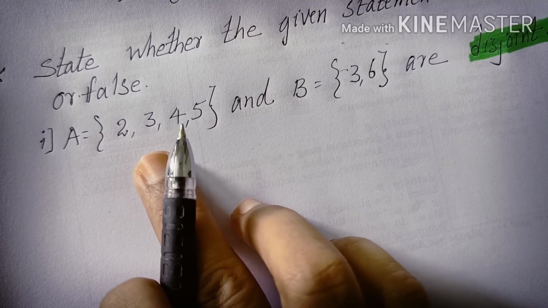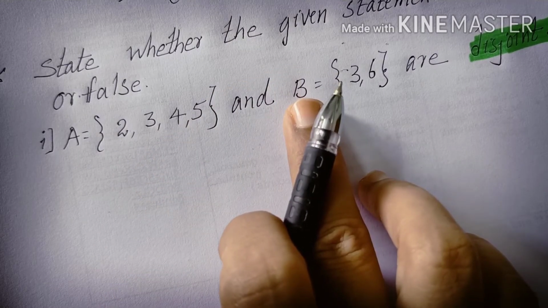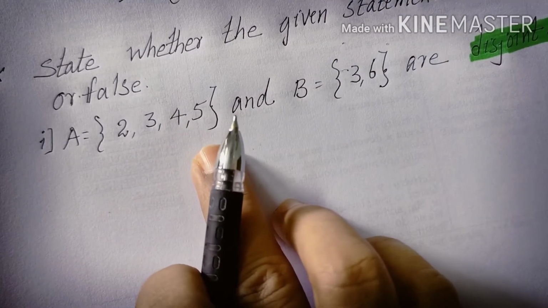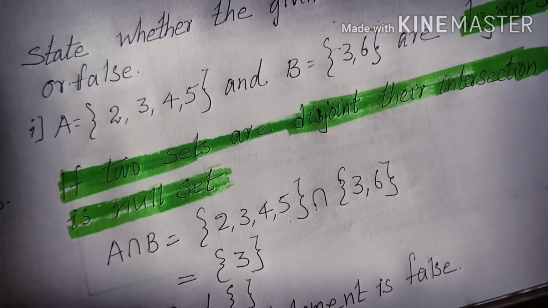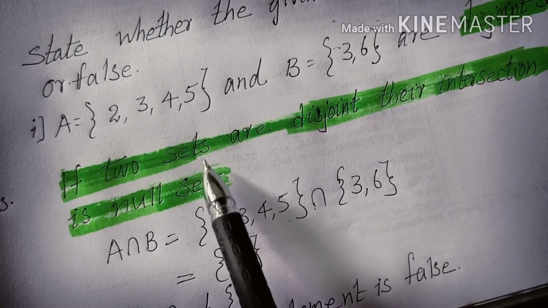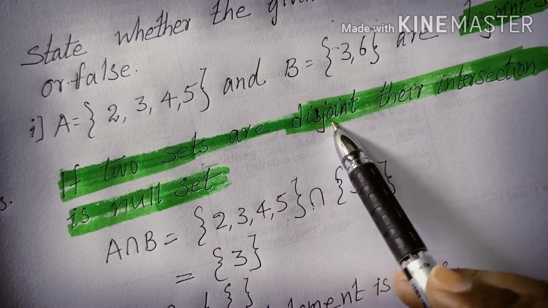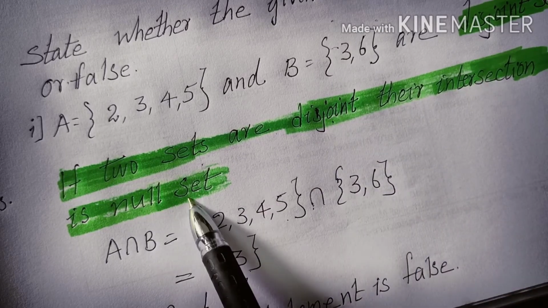So, is A intersection B a null set? No. Since it is not a null set, we can say that they are not disjoint. If two sets are disjoint, then their intersection is a null set.